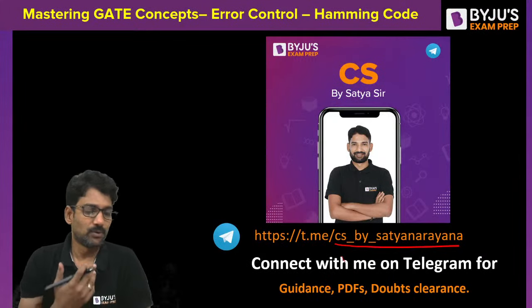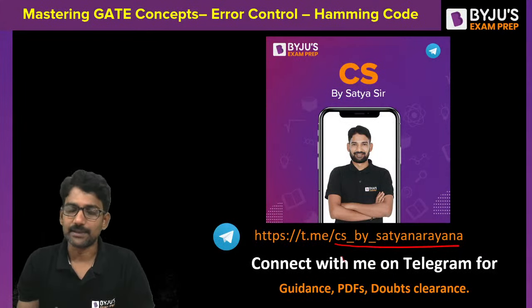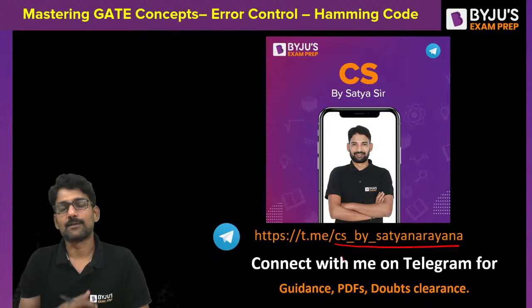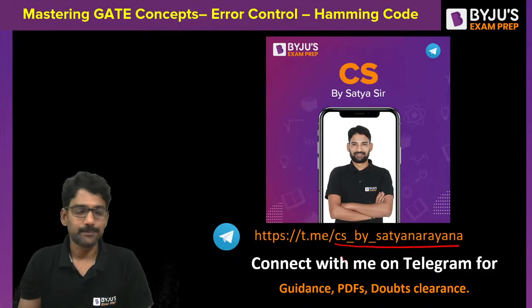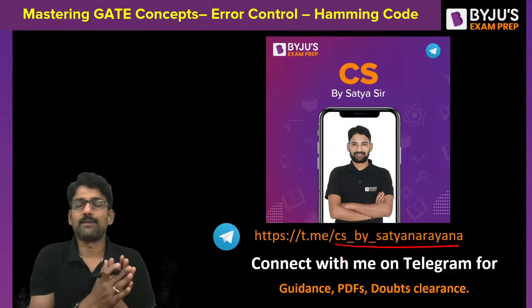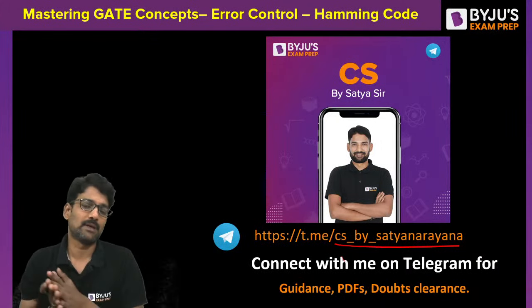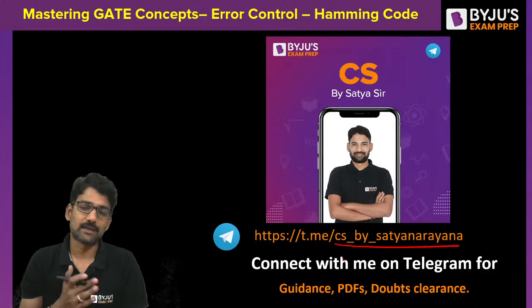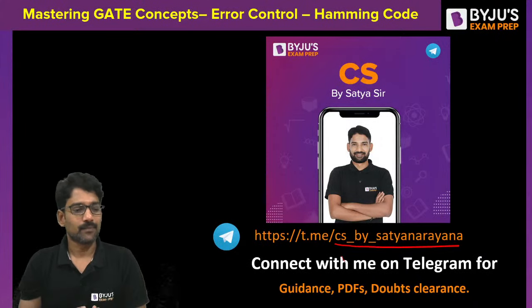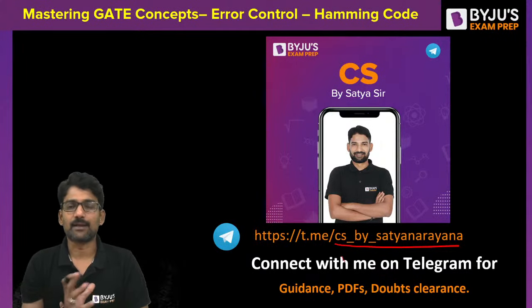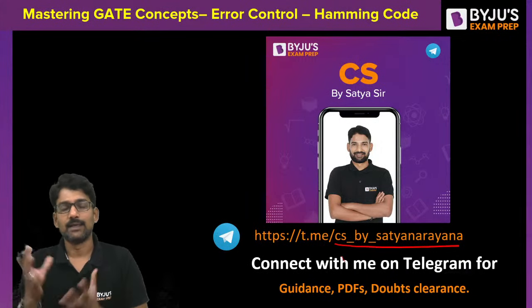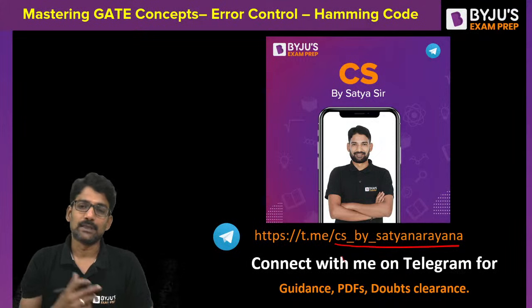You feel a little more confident now after this class with the Hamming code technique. Yesterday we discussed CRC, error detection code. Today we have discussed Hamming code, which is error detection and correction code. So these two are frequently asked topics of error control from the data link layer in computer networks. That's why in this series I have taken this.